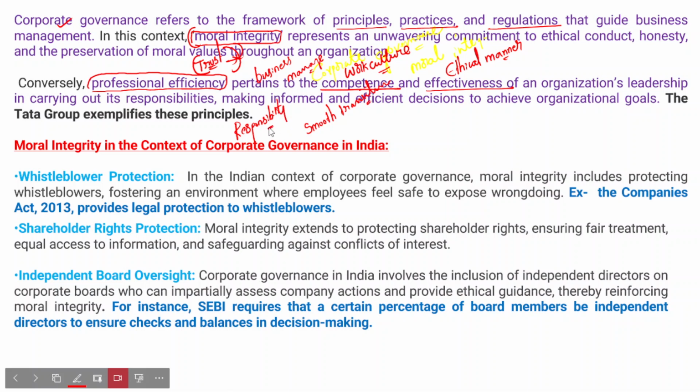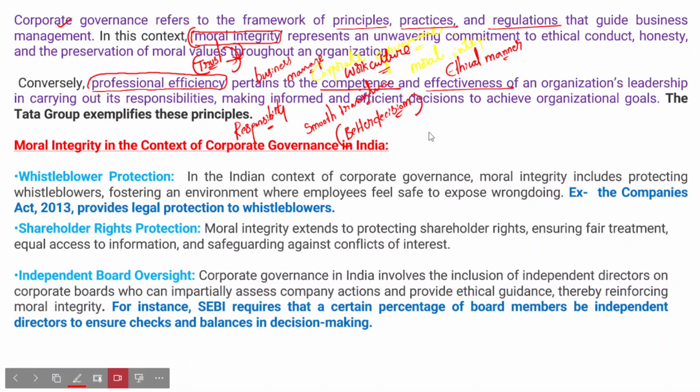Competency also results in better resource management. Existing resources will be used in the best possible manner, and it will also result in better, smooth and swift decision making, which is very important for the overall efficiency and effectiveness of any company.